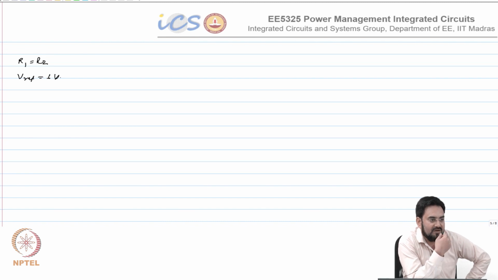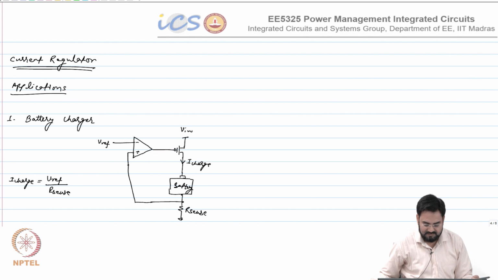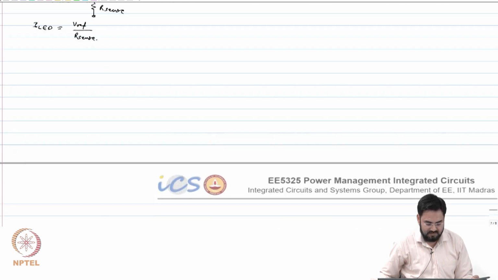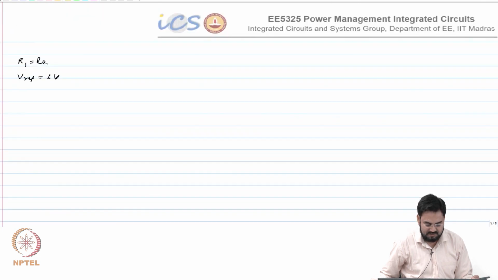If your VDD is not constant, your Vref will not be constant. So that is your voltage dependence, not the temperature dependence. Okay, so you can always do this without any problem.